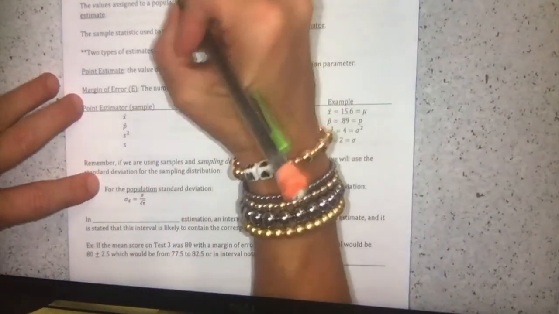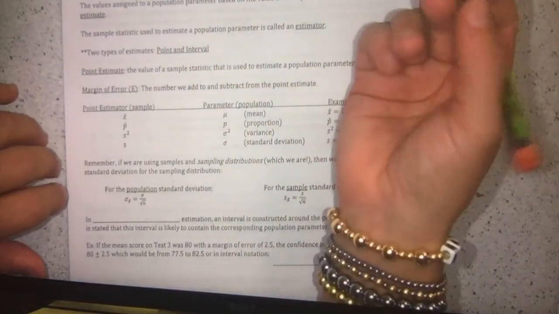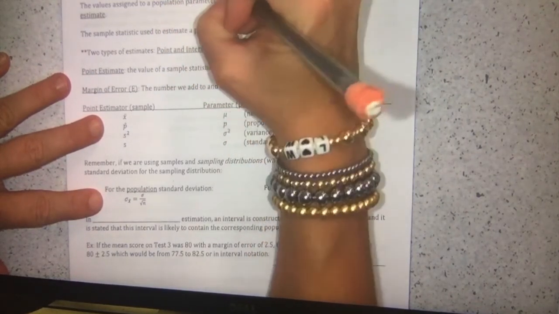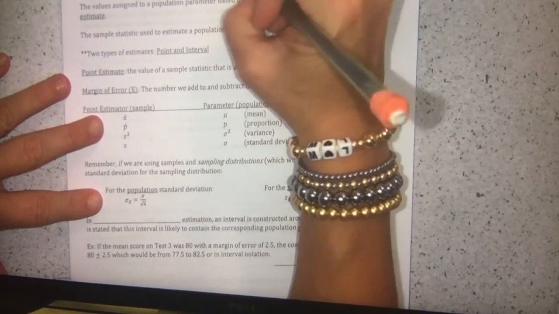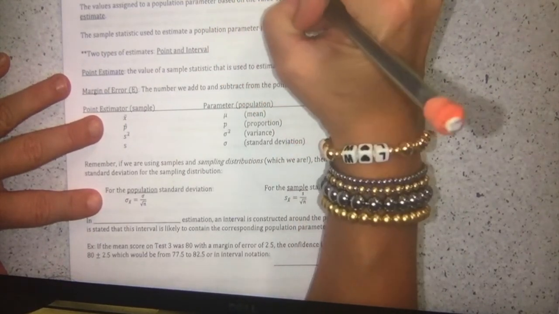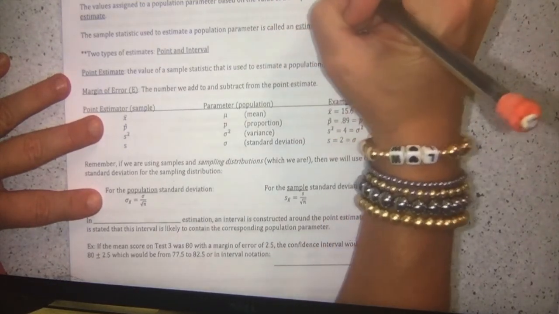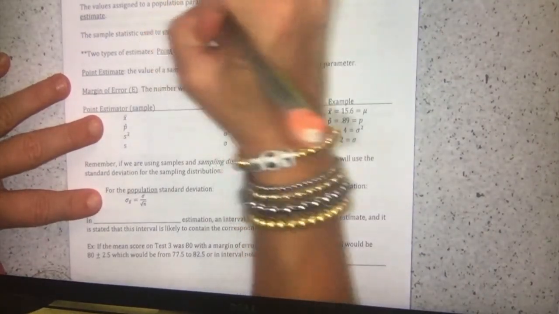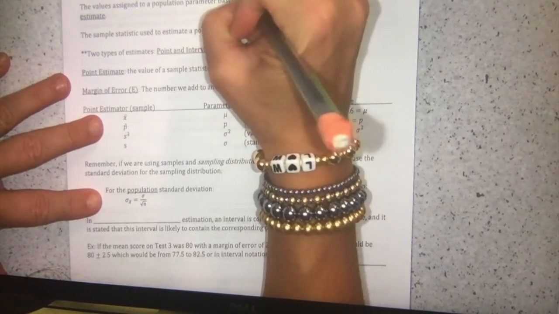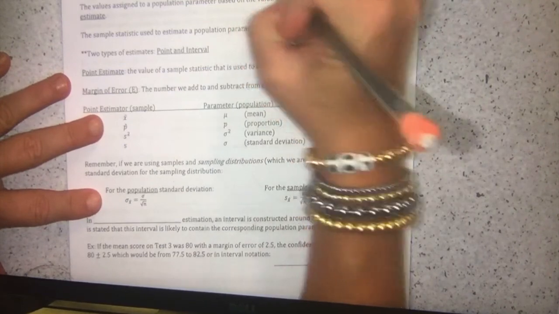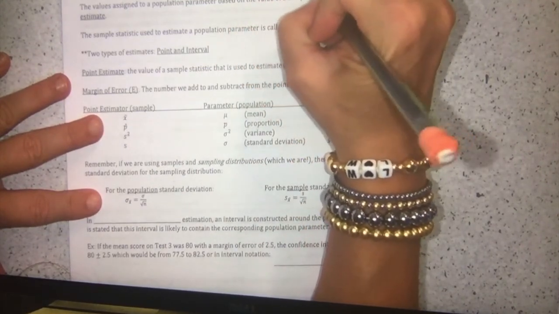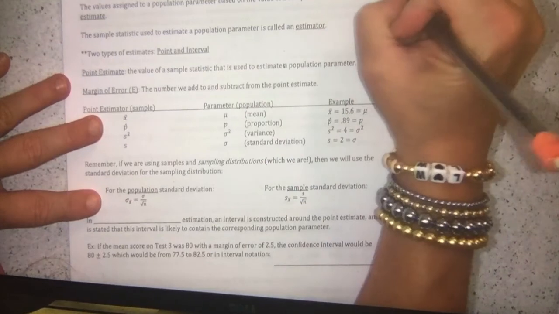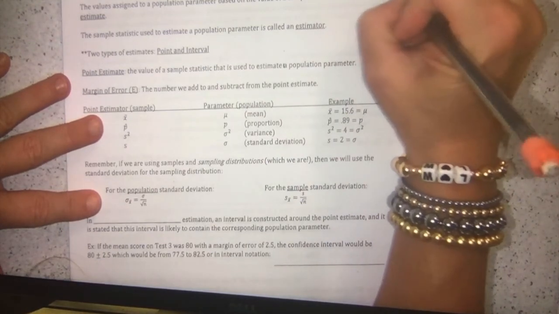I want to put a little note here. When we are unable to get the true data from a population, that means we have to get the info from samples and estimate.